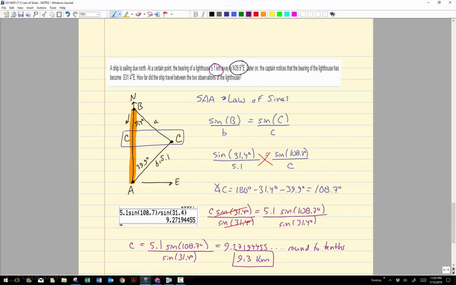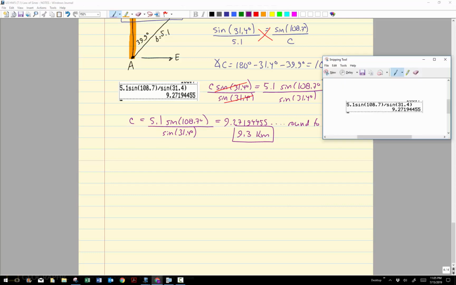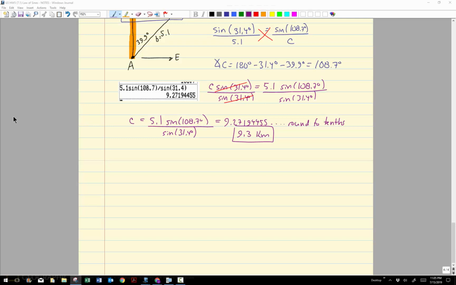Okay, next we talked about an area formula at the beginning. So we're going to look at a problem where we're using that area formula. So let's go ahead and pull one in. It says find the area of triangle ABC.